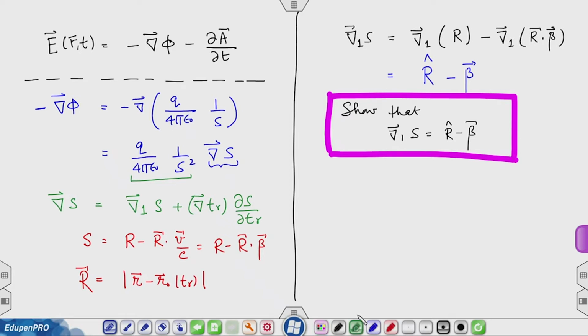Next, we want to find grad of TR. To find grad of TR, I am going to make use of the retarded time equation.